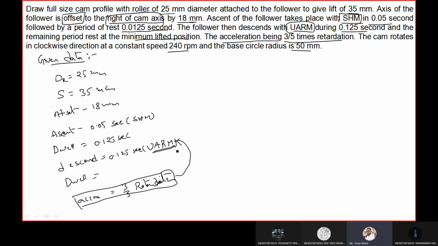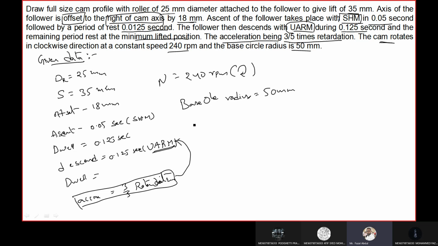The cam is rotating in a clockwise direction at a speed of 240 rpm. And base circle radius value is given, 50 mm.